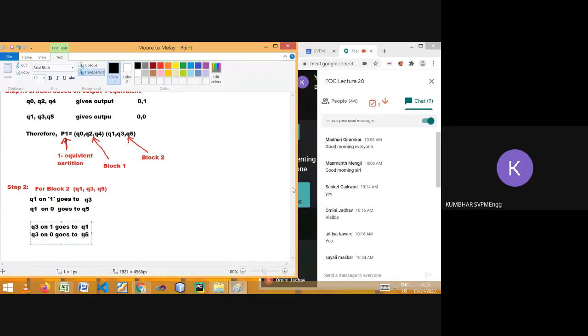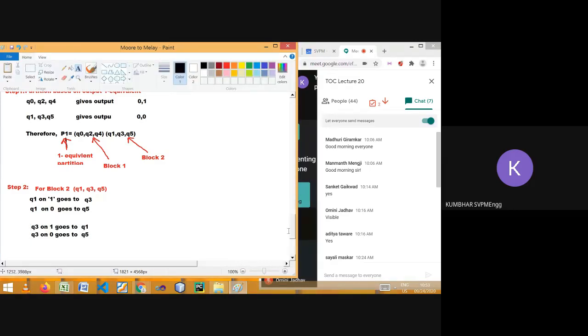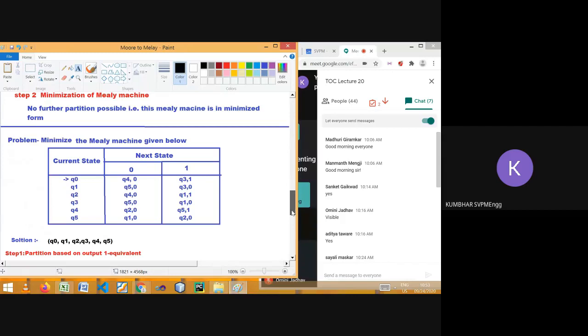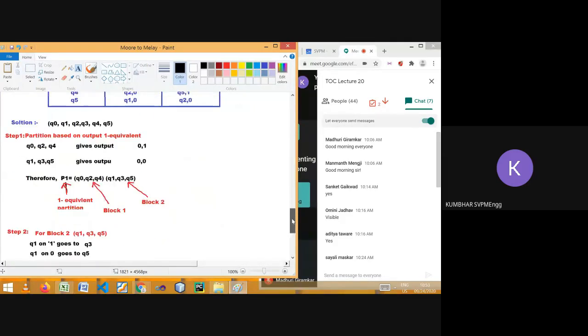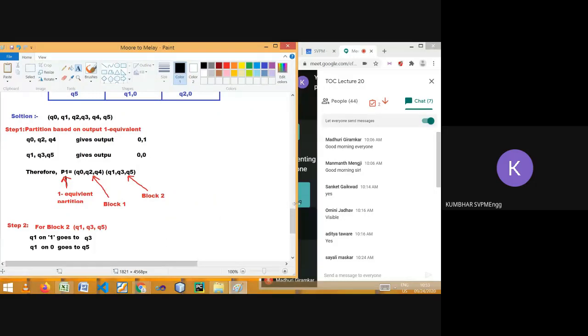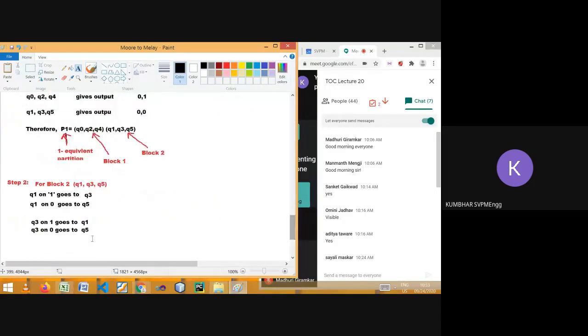Q3 on 1. Just a minute. Is it correct? We are noting it correctly? Yes, sir. Okay, let's note down the remaining. Q1 is over, Q3 is over, Q5.